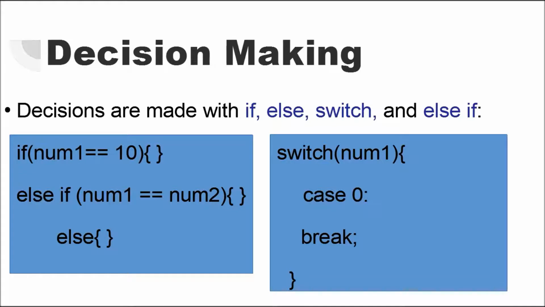The switch is a way you can chain a bunch of else ifs, except that you don't actually have to write else ifs. You can use cases. And cases can be for this situation: if num1 equals 0, do something. Now, it's a good idea to put a default, which is used if num1 doesn't satisfy any of those cases. You can chain lots of them together, and you have to use colons between each case.